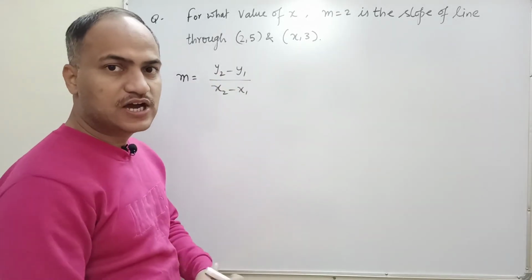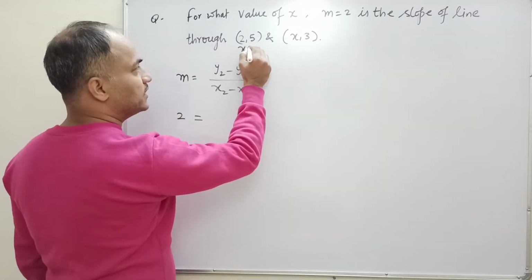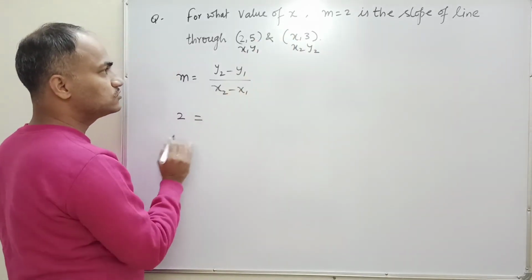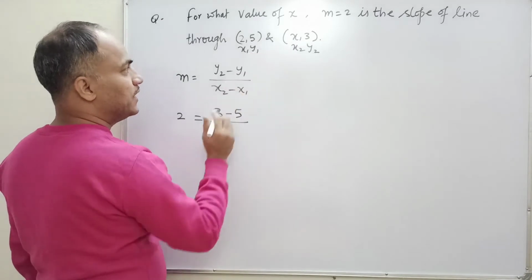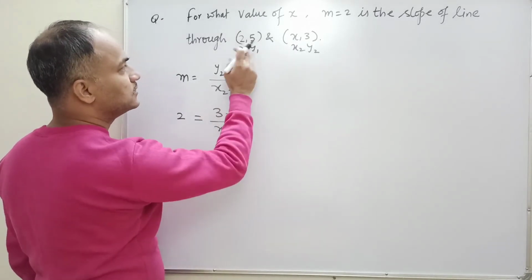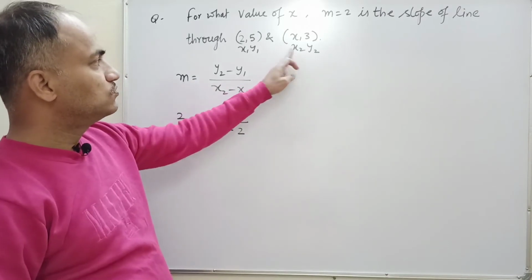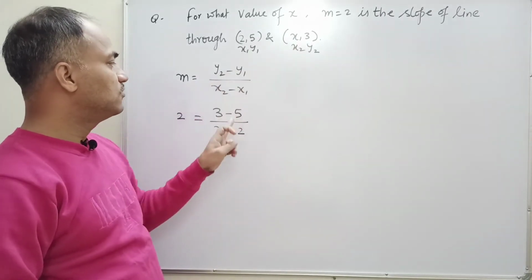So let us put the values. This is 2, and these are x1, y1, x2 and y2. So put the values: 3 minus 5 upon x minus 2, x2 minus x1, and this is y2 minus y1, 3 minus 5.